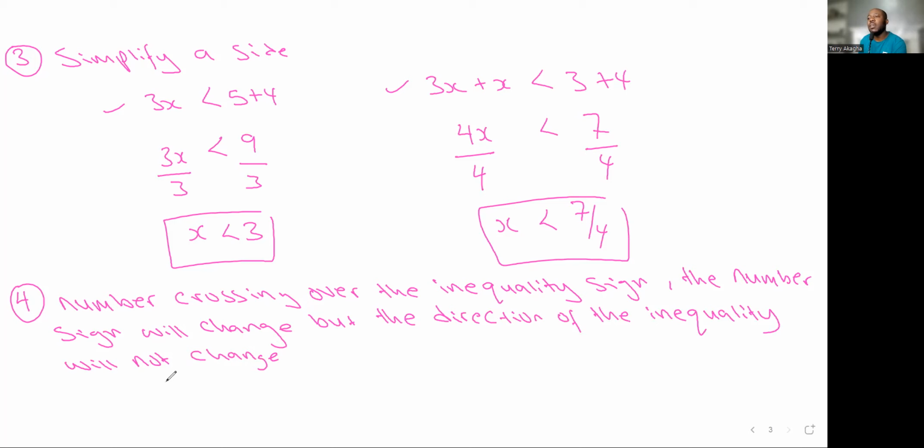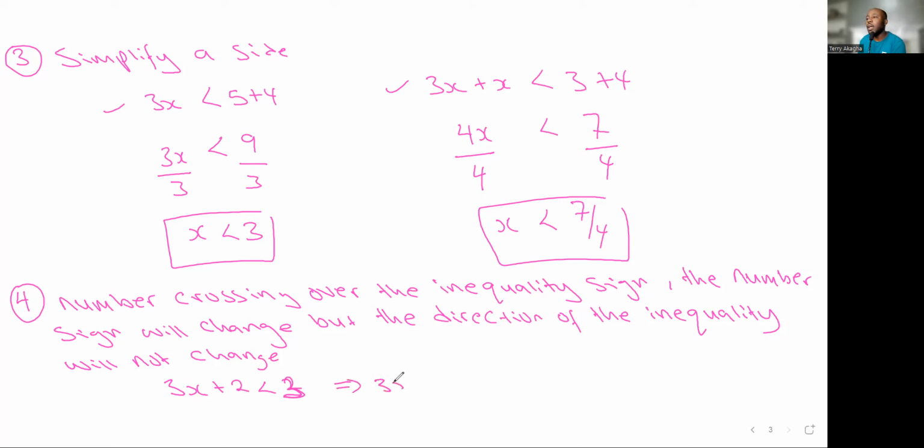So for instance, if we have 3x plus 2 is less than 3, okay, to make it easy. When this 2 is crossing over, the plus 2 will become what? Minus 2.